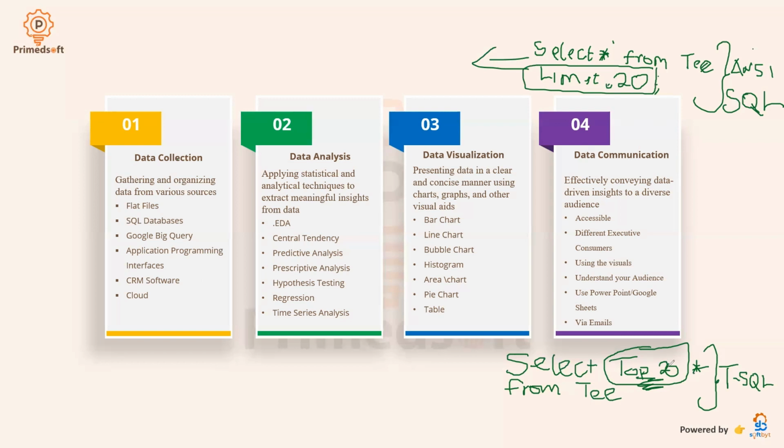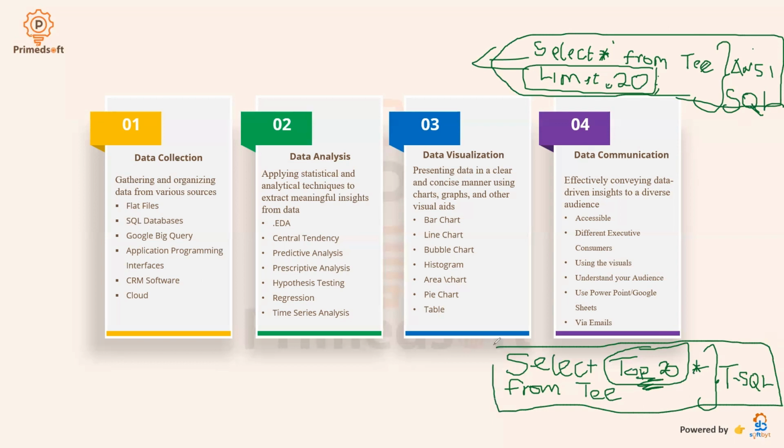You will not use the general one. So this is the general language you use to query a MySQL database. This is the unique way you will query a T-SQL database or SQL Server database. This is MySQL. This is SQL Server.